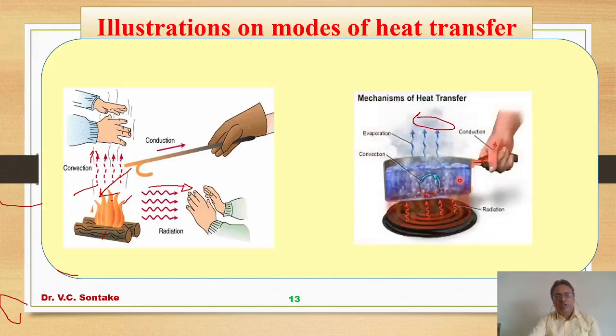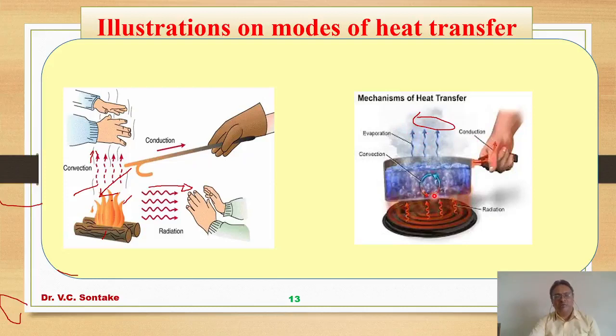Similarly, heating of water in a pot. Heat transfer will take place by conduction from the pot through the handle to the hand. To the upper side will be by convection.